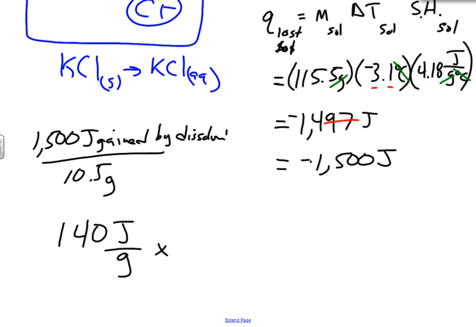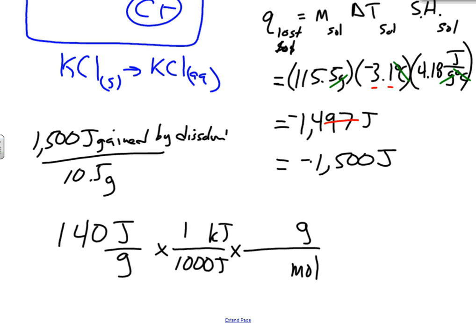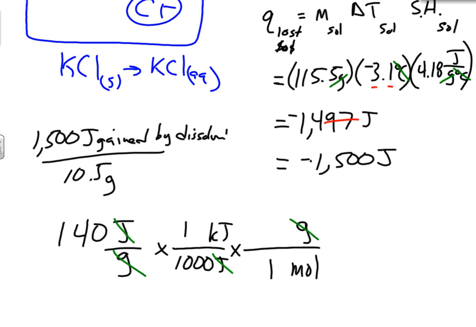And again, if we want to, at this point, get the kilojoules per mole, we're just going to do conversion factors. So we would change the joules to kilojoules. So 1 kilojoule is 1,000 joules. And then the grams to moles. And again, just watch my units as I go along, make sure things cancel out. The molar mass for potassium chloride, 1 mole is going to be 74.5 grams.